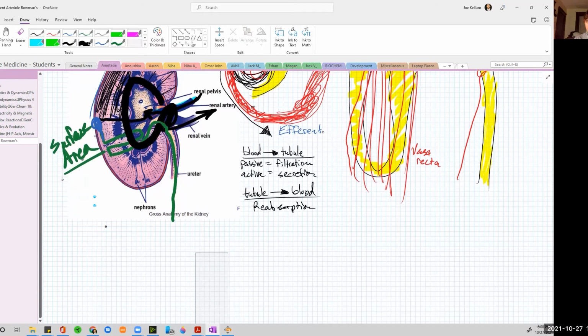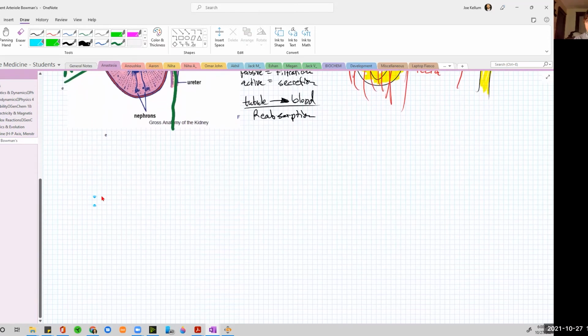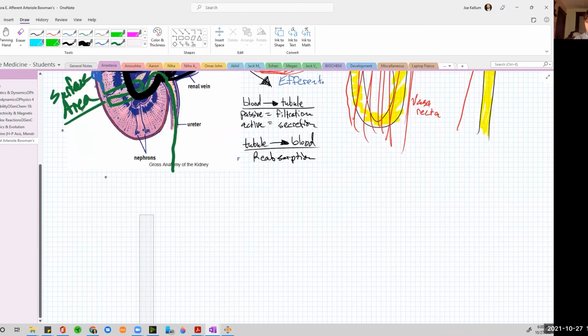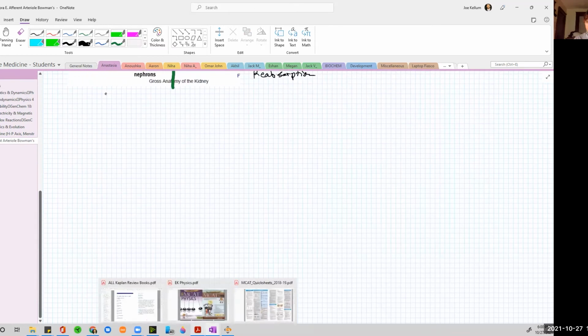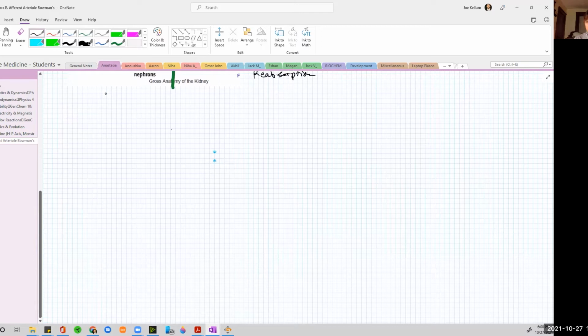Okay, so on to the actual nephron itself. We talked about the Bowman's capsule and all of that already. And so what is the first segment of the nephron after the Bowman's capsule referred to as?